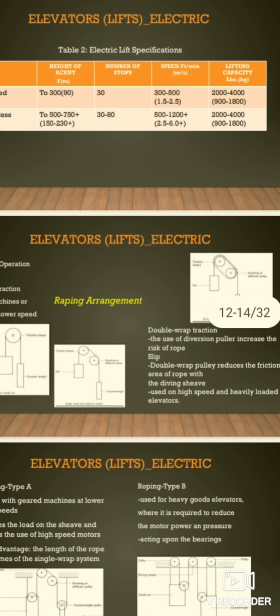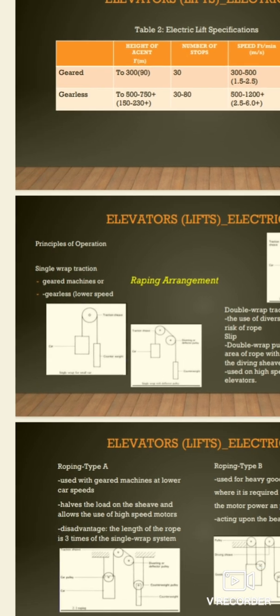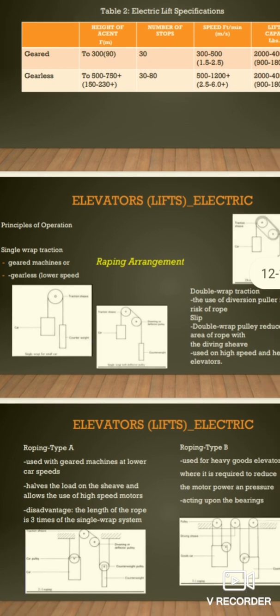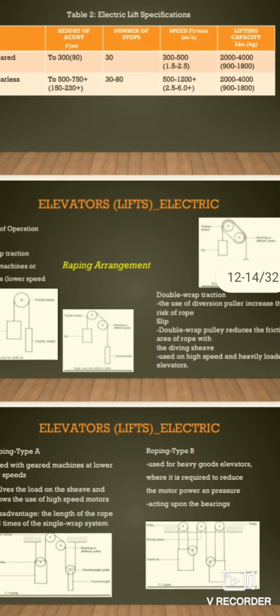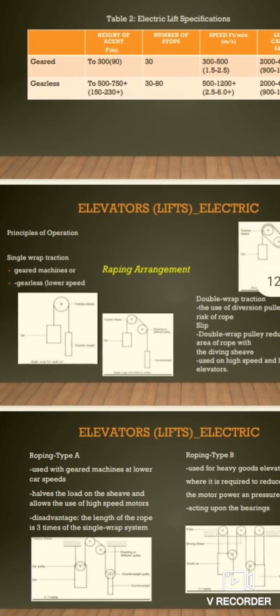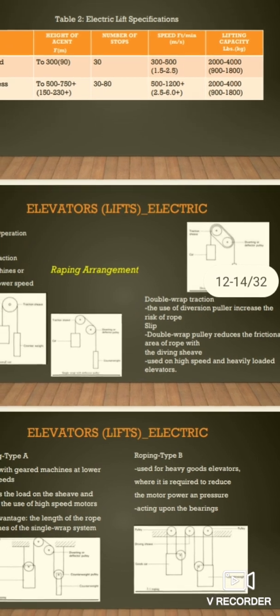The lifting capacity is 2,000 to 4,000. Gearless is 500 to 700 plus. The number of stops is 30 to 80. Speed is 500 to 1,200. The lifting capacity of the gearless is 2,000 to 4,000.